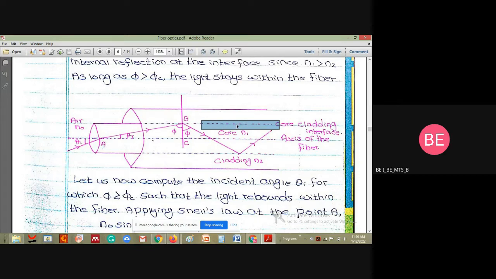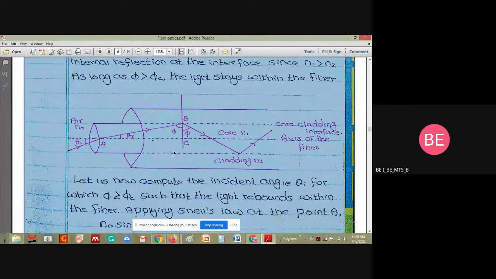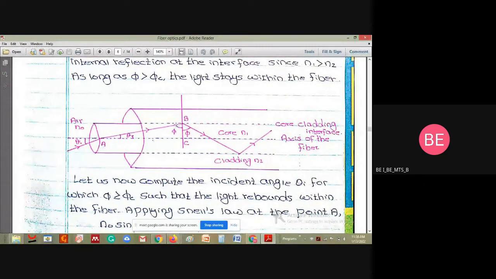A line drawn perpendicular to this interface represents the normal. So this is your incident light ray, this is your normal. The angle between the incident light ray and the normal, you call it the angle of incidence. Let us take it as phi. Angle of incidence at the air-core interface is theta I, and angle of incidence at the core-cladding interface is phi.